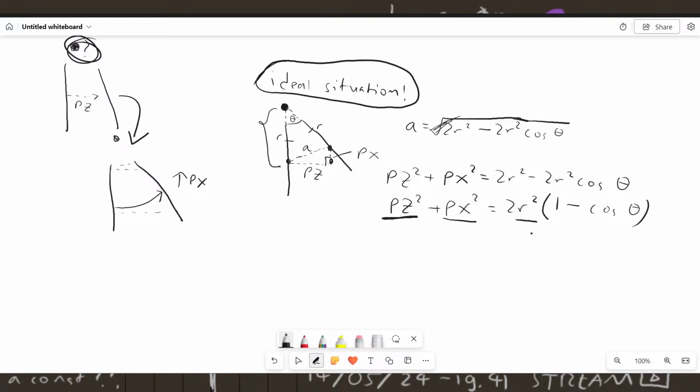Px, that's what we need, and then r is just a hypothetical value. Wait, hold on, this is harder than I thought. How do we figure it out? So r should be somewhat proportional to pz, right?